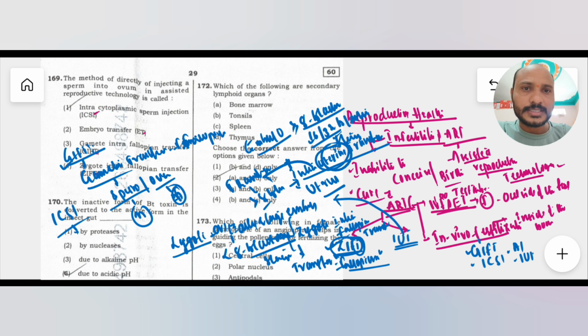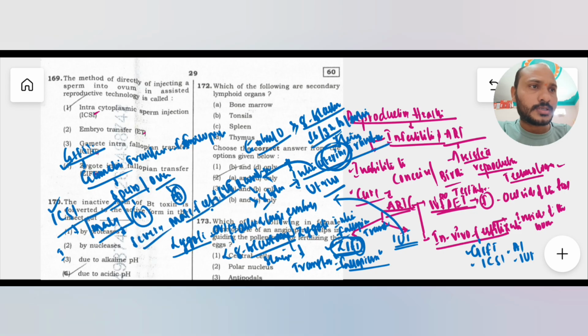It is the most common method, performed for the male only. Remember, it is used when the male has a severe male fertility factor. Those persons can undergo this ICSI method. Very important: the ICSI method is for a person having severe male fertility factors.